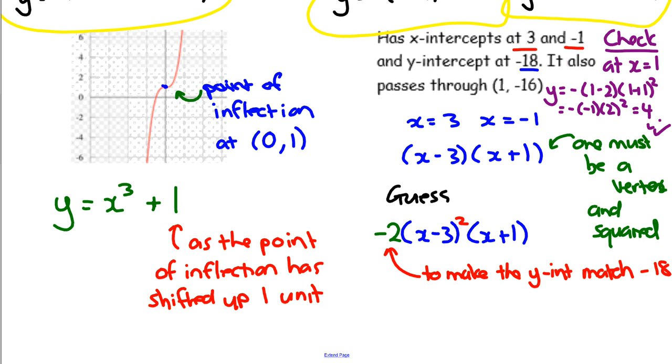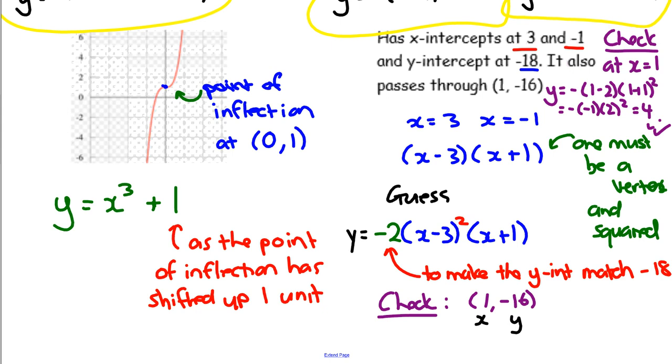Let's check it with the coordinate that they gave us. So the coordinate they gave us is 1 and negative 16. We're going to sub that in for x and y into our equation above and see if it works. Because remember, that's y equals, if you're not sure.